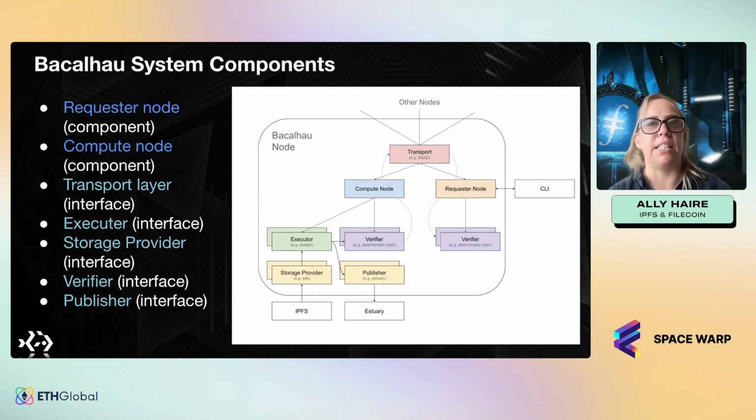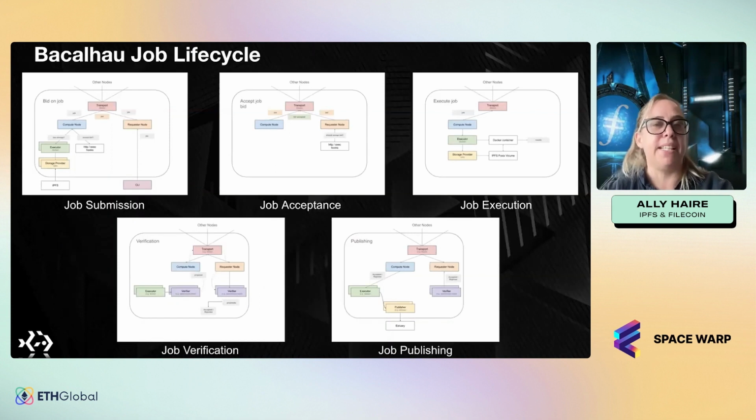So all other nodes in the network are connected to the transport layer and have a shared view of the world. So this means that when a job is submitted, if I can get my words out today, to Bacalhau, it is forwarded to a Bacalhau cluster node, which acts as the requester node. So the requester node broadcasts the job to all the other nodes in the peer-to-peer network who can bid on the job, creating a job deal market.